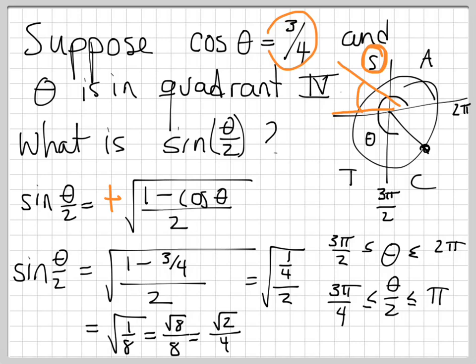And you can do the work on reducing that yourself. And so that's the half-angle formula for whatever angle in quadrant 4 gives us cosine theta equals 3/4. And there's our final answer.